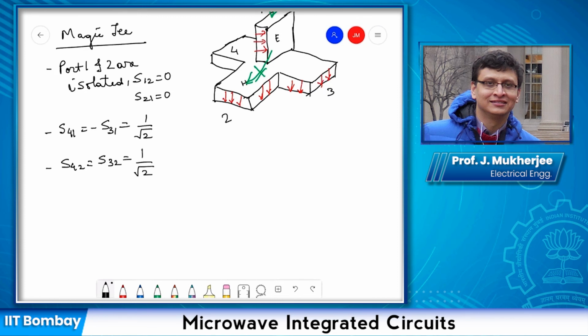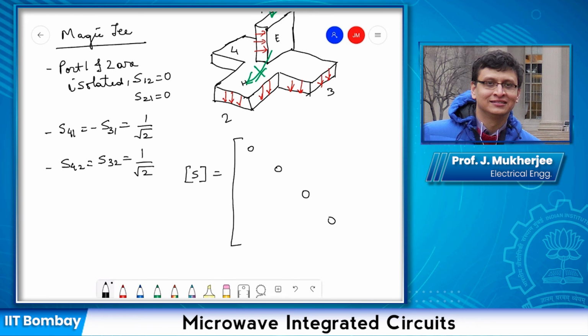So, suppose we write down the S parameter matrix. So all the ports are matched.